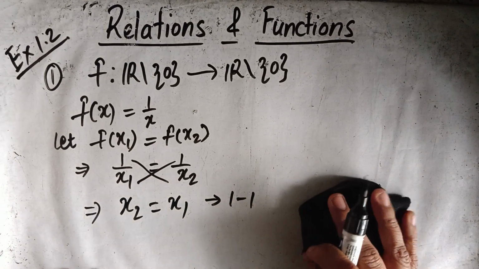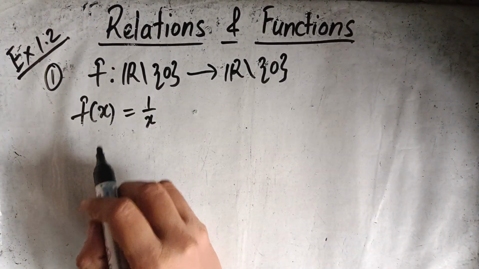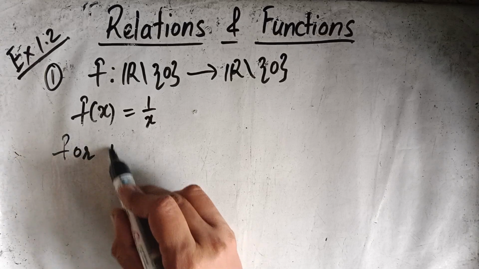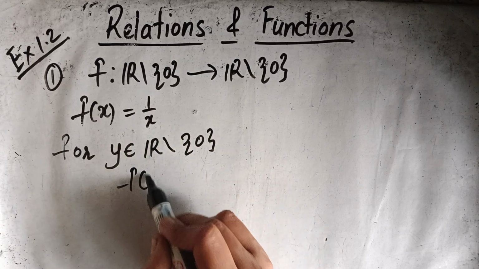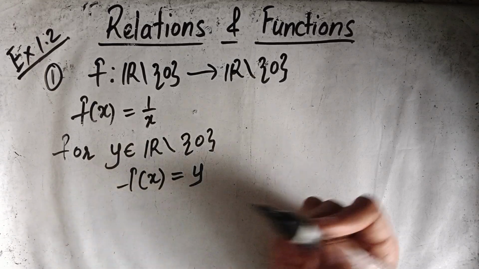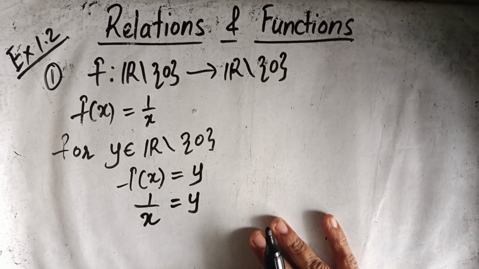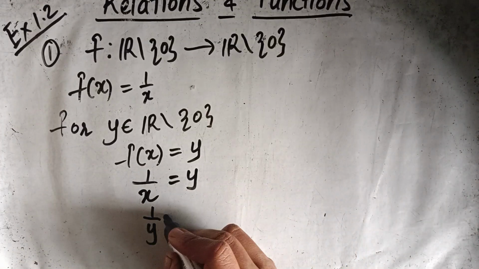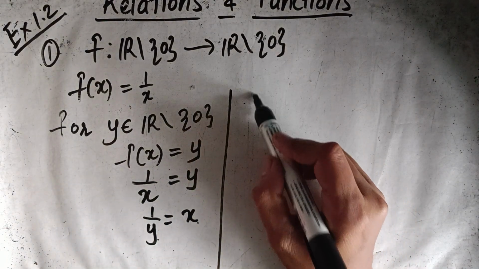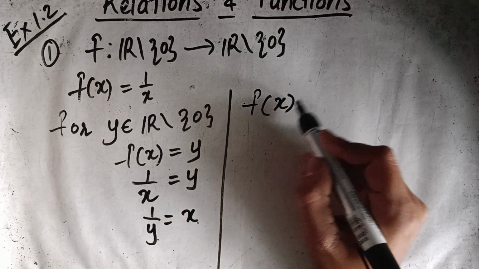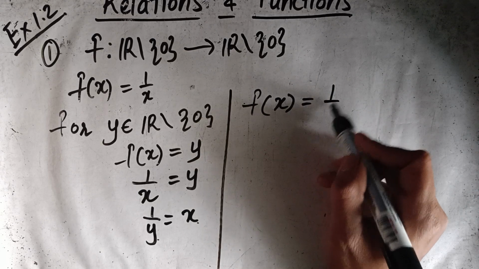Now second, we have to prove it to be onto. So for y belonging to R minus 0, we'll write f of x is equal to y. Okay, f of x is what? 1 upon x. So y, so 1 upon y is your x. Now you have to put this x in f of x.